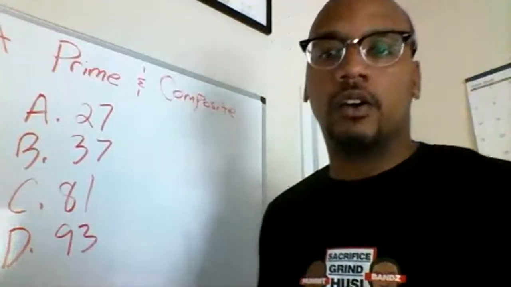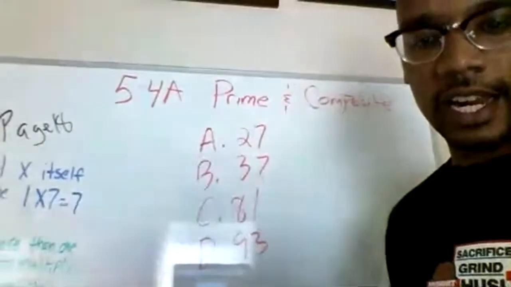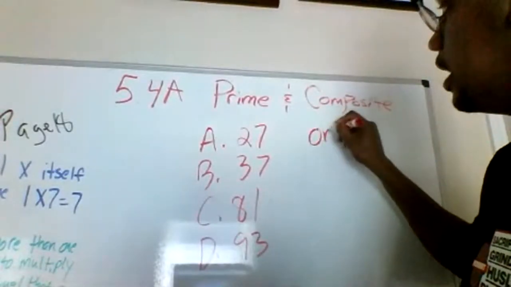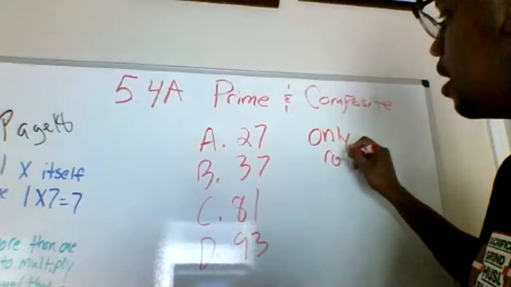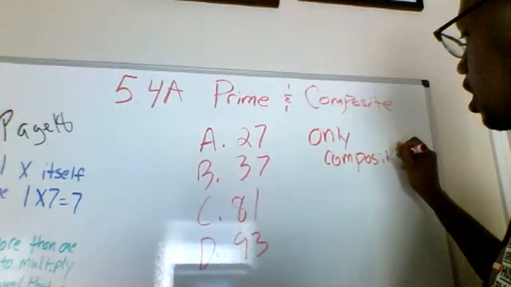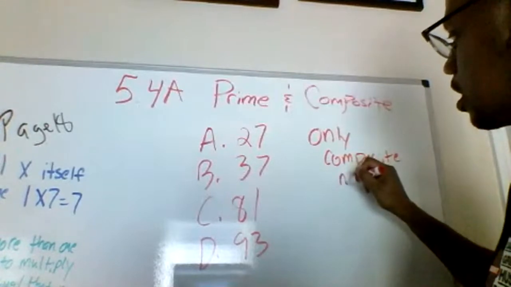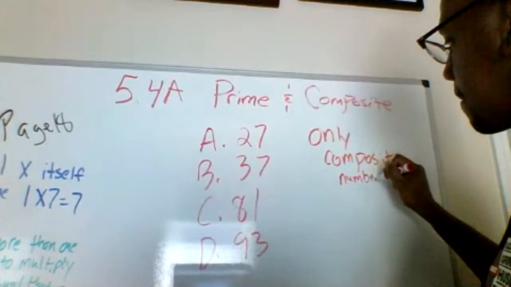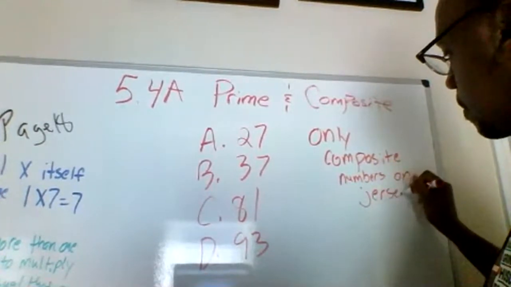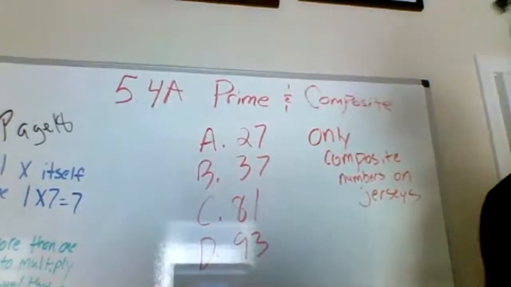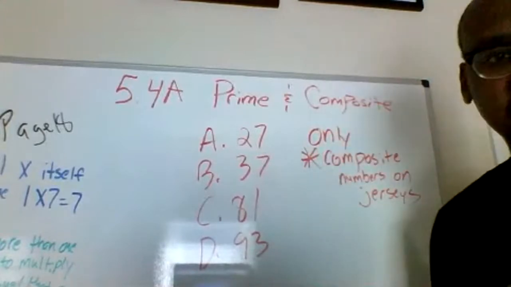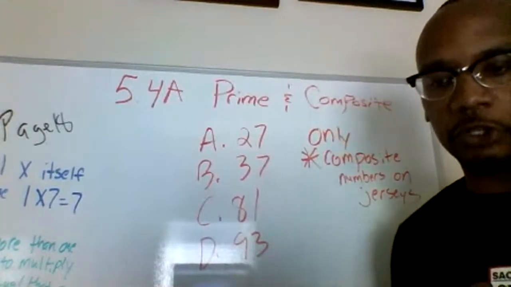Now, what they're saying is only composite numbers go on the jersey. That's their team rule when it comes to the jersey.